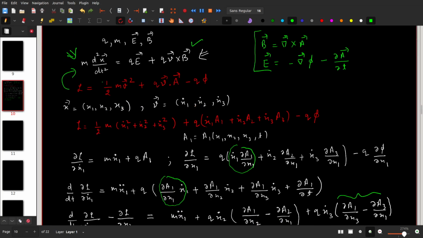One important thing, an important property of this Lagrangian, is that it depends upon the potentials. Instead of depending upon electric and magnetic fields, this depends upon the vector potential A and the scalar potential phi.